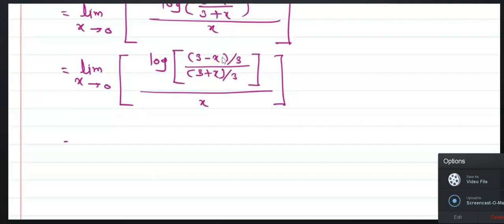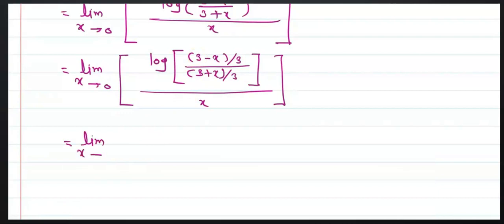The basic formula is limit x tends to 0 log of 1 plus x upon x is 1. For that we require here 1 in place of 3. That is the limit x tends to 0 log of 1 minus x upon 3.